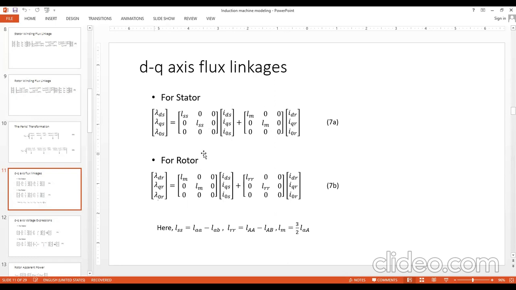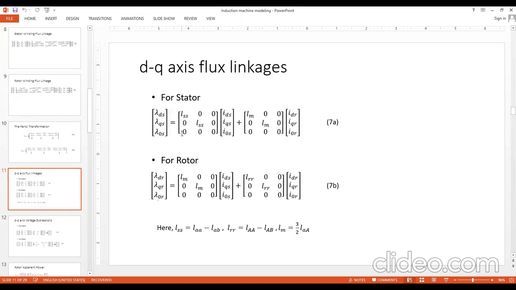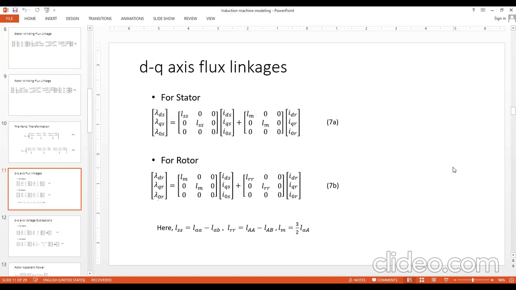That means lambda dq0 for the stator flux linkage. And ultimately, when you apply the suitable transformation matrix, you will get something like this on the right hand side of equation 7a. You can see that because of being a balanced system, you don't have any zero axis flux linkage. All are 0 here. So in summary, lambda 0s would be 0 because it is a balanced system.